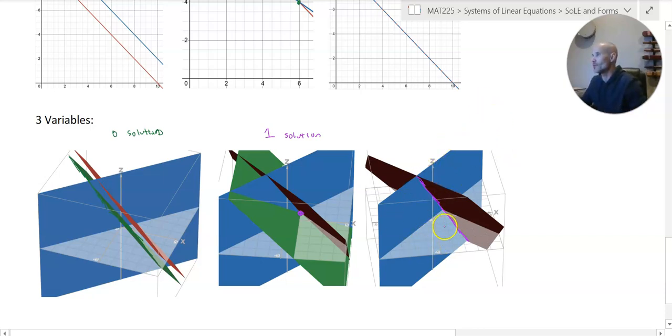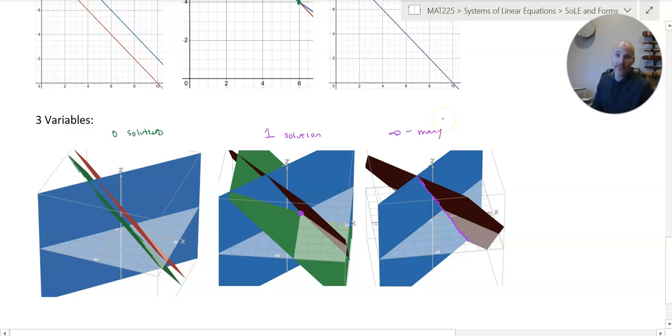And the reason you're seeing lighter values down here is because we are below, in negative z territory, so that's cutting through what we call the xy plane. And so, yes, there are infinitely many solutions, they actually intersect along an entire line. So that has infinitely many solutions.